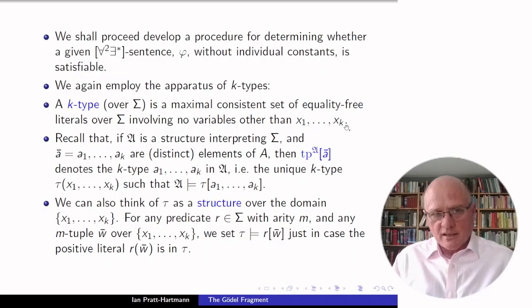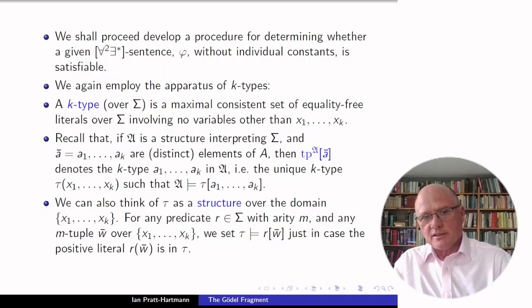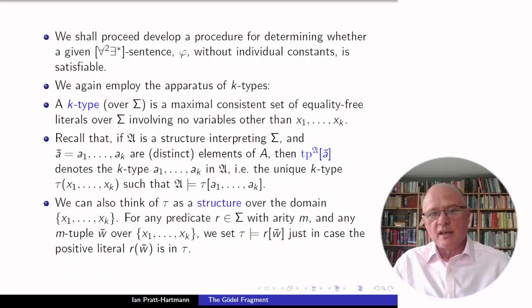So a k-type is literally a set of formulas. It's a finite set, assuming that the signature is finite, which it always will be in these lectures. Since it's a finite set, we can identify that set with its conjunction, and sometimes we'll think of a k-type as a single formula, just the conjunction of all the sentences in that set.